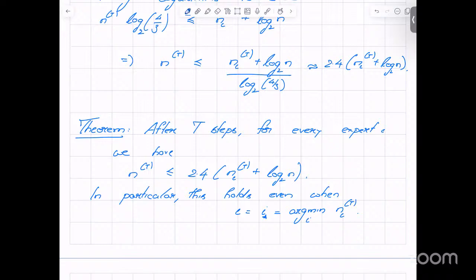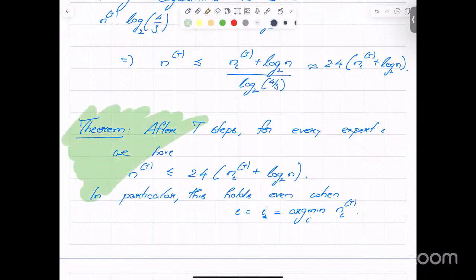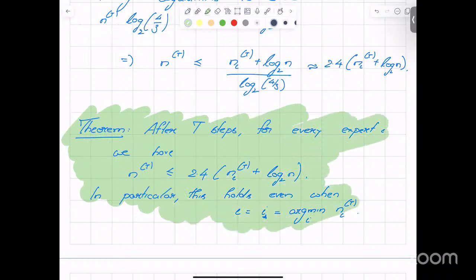So this is almost what we had last time. Suppose that there's an expert which commits 0 errors. We basically got the same thing except for this 2.4 factor. So you should think of this as a combination of both.